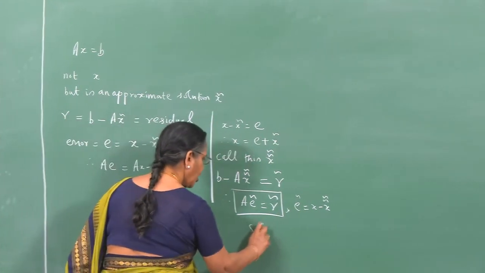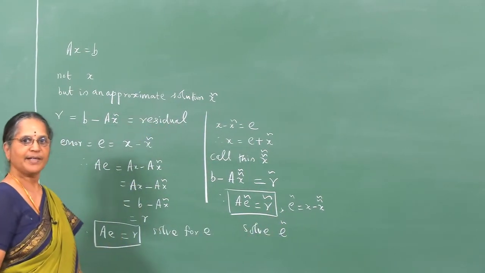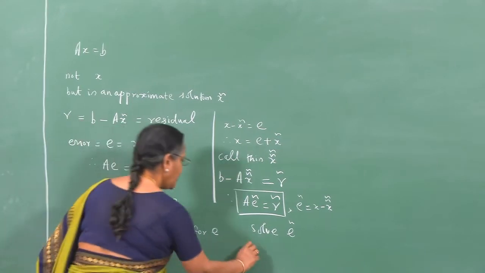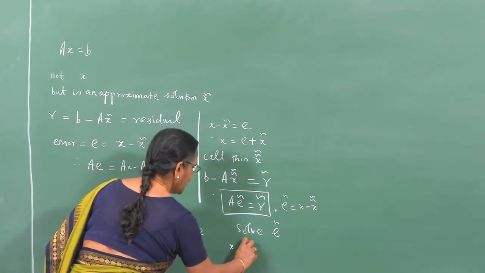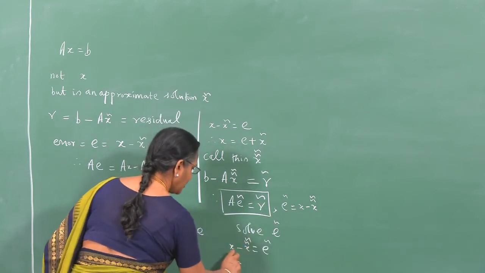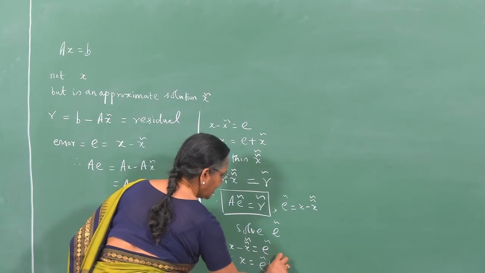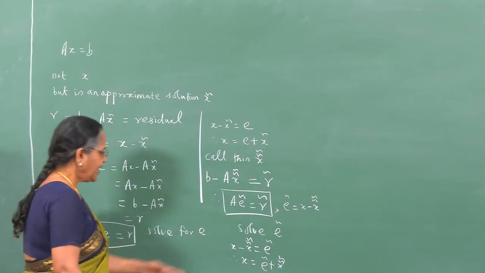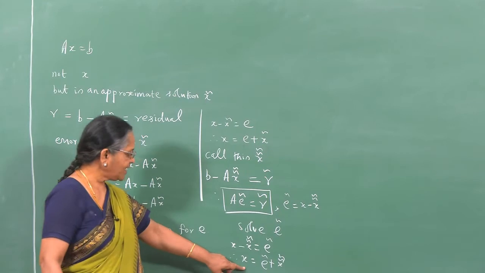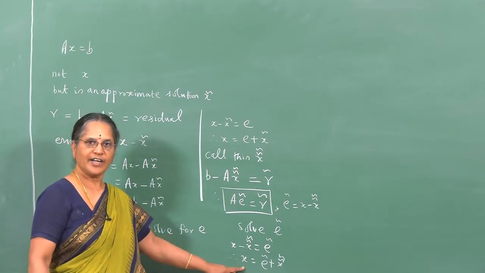So, we solve for this unknown vector again by any of the direct methods that we know, and so we obtain x minus x double tilde to be e tilde, which has been obtained just now. So, x is equal to e tilde plus x double tilde, and we check whether the solution that we have obtained at this step is correct to the desired degree of accuracy.